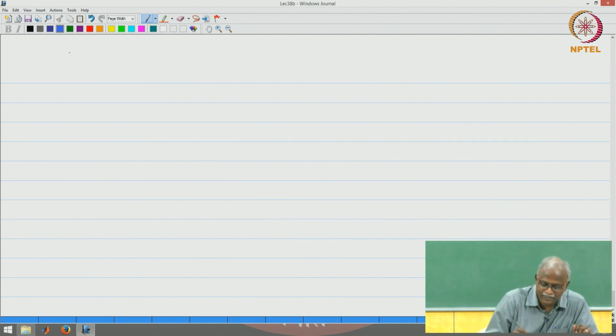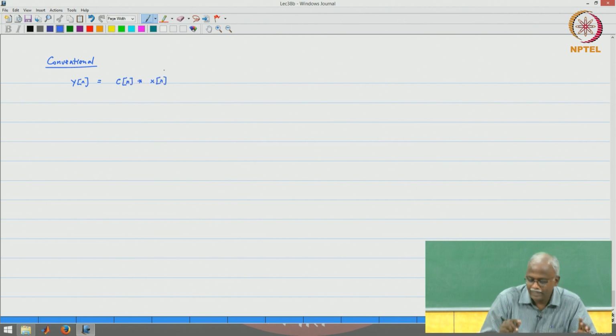Okay, here it is. So, this is the conventional thought process. Conventional says the input-output relationship is always a convolution, c of n convolved with x of n. In x of n you put in redundancy, whatever it is you want to do.